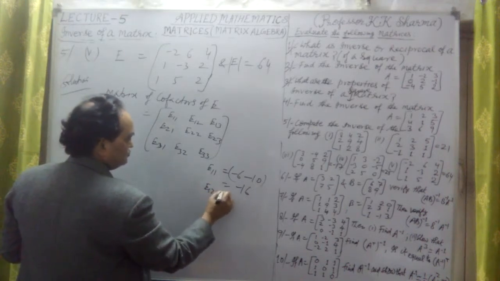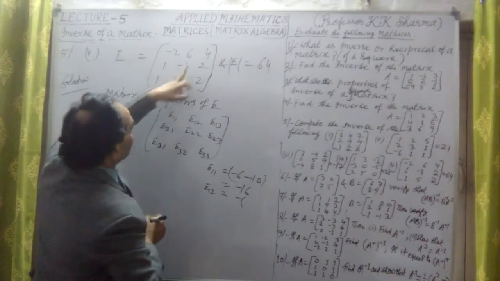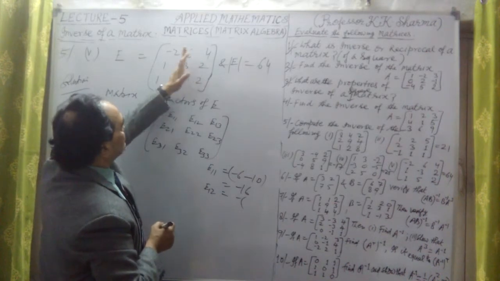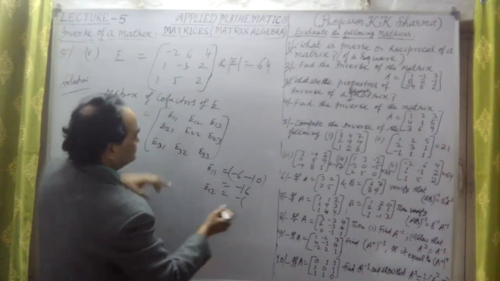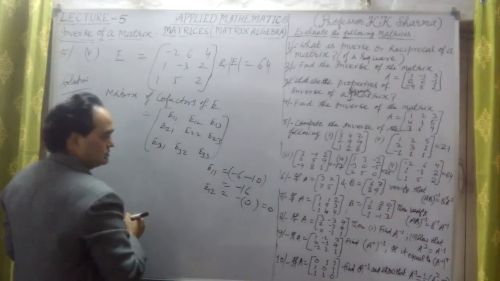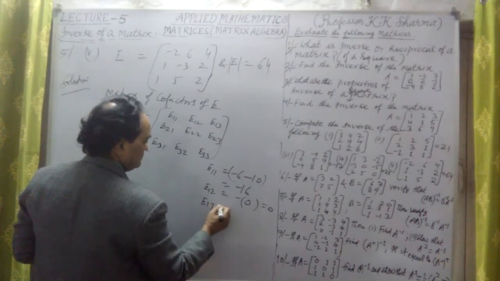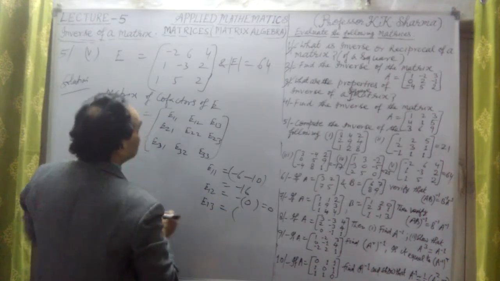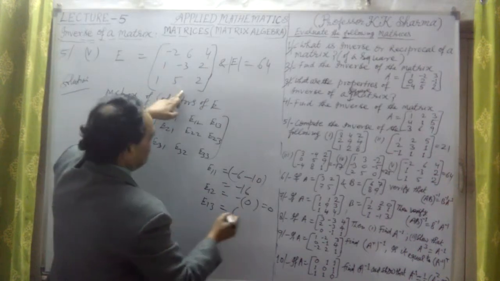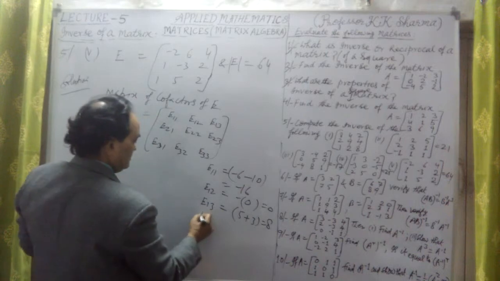Now E12 is an odd position, so it is negative. 2 minus 2 is 0. Now E13 is an even position, so positive, of 4: 5 plus 3, it is 8, positive.